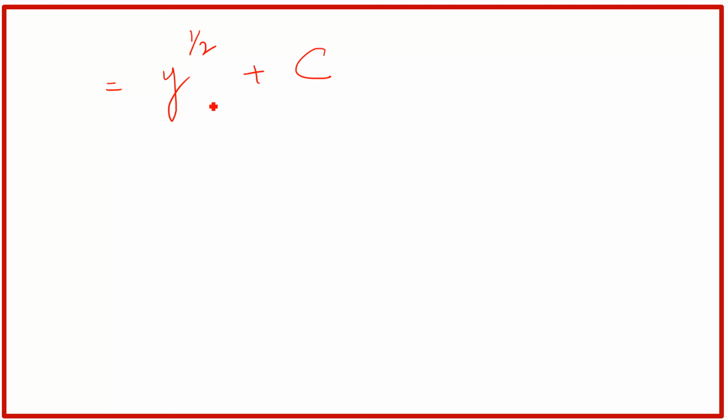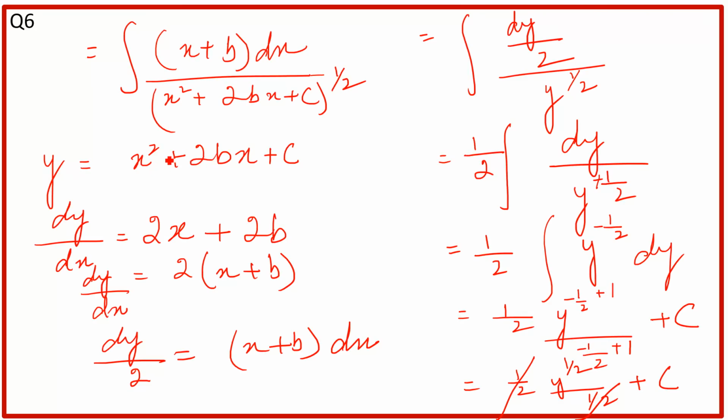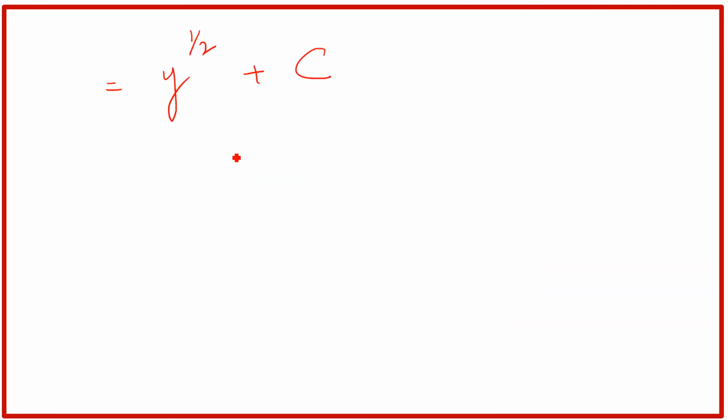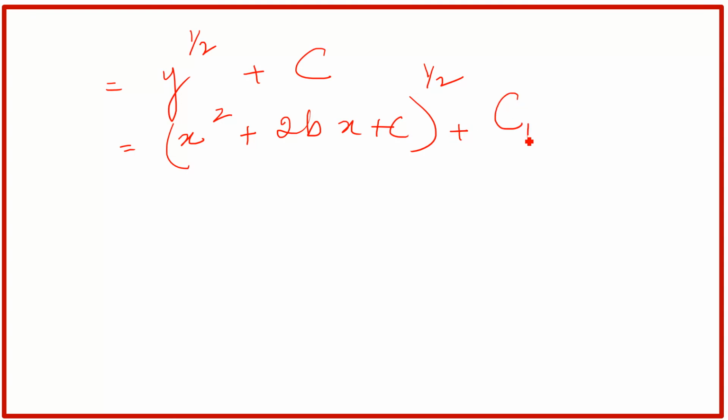But our question is not finished because we supposed y is equal to x square plus 2bx plus c. So you have to put the value of y here, which is x square plus 2bx plus c, raised to power 1 over 2. In order to differentiate between this c and this c, you can write constant of integration c1, and this is your answer.